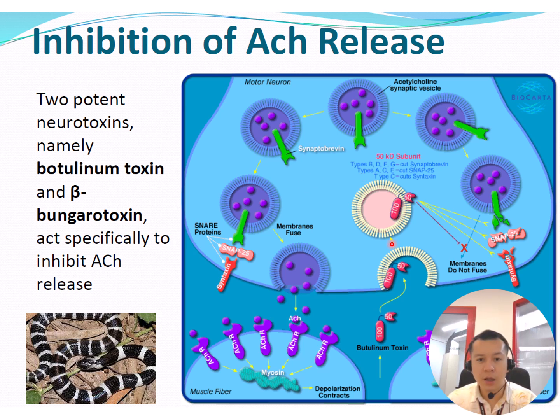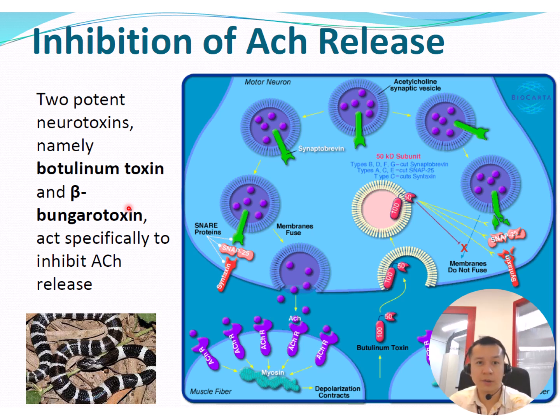Well, if we talk about this botulinum toxin, or in the short form, Botox, it can be used as a therapeutic method in a very controlled dosage. You can use it for muscle spasticity.